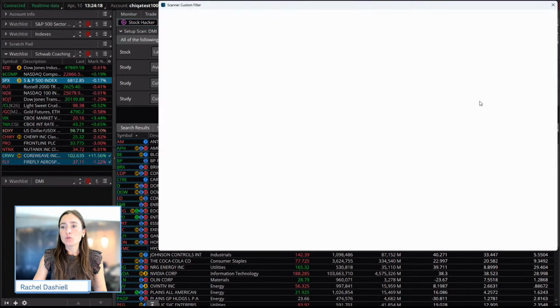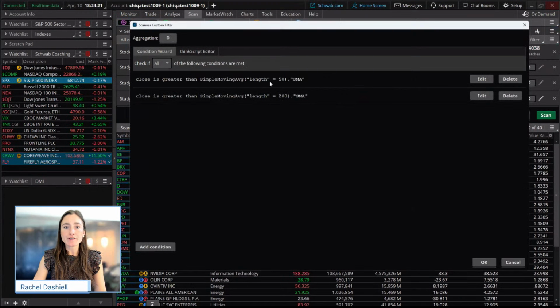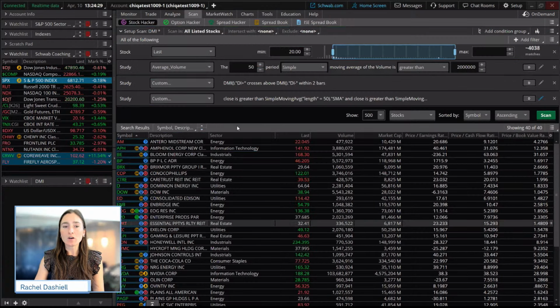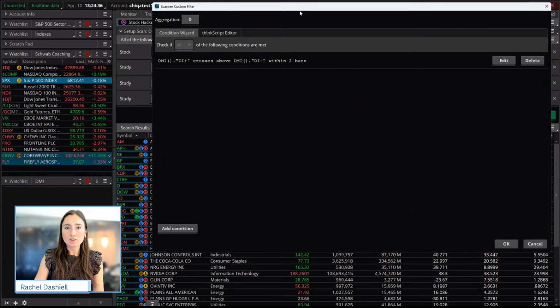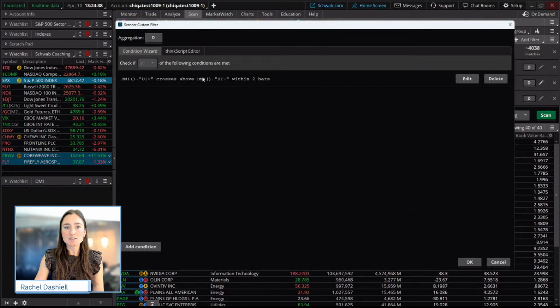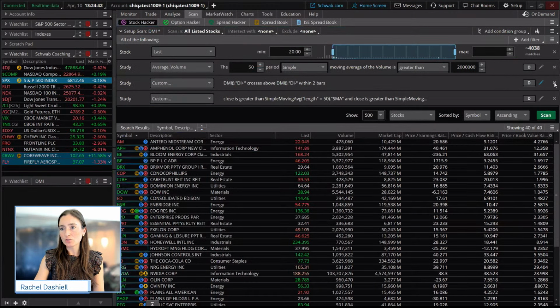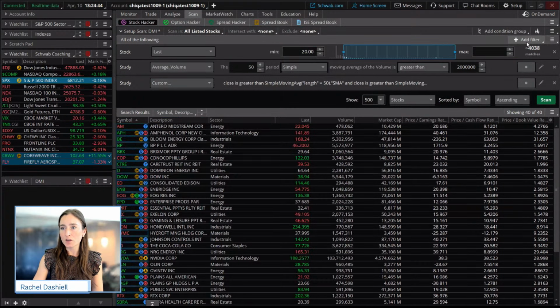And then I put on a couple very basic trend indicators: price being above the 50-day, price being above the 200-day. And the last one I used here was the positive directional index crosses above the negative directional index within 2 bars. I'll show you real quick how to build the directional index one.